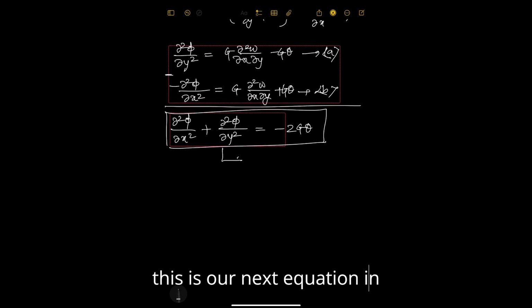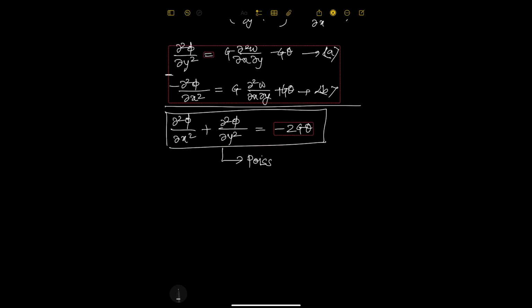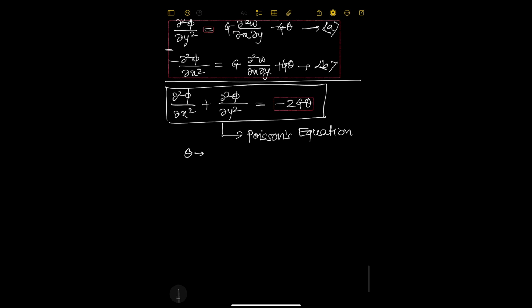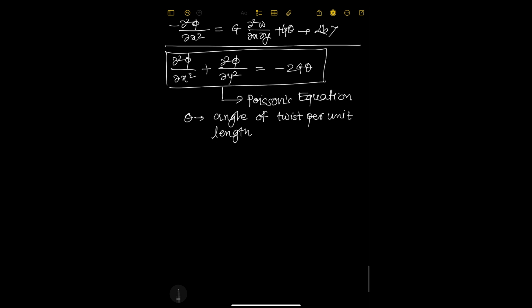This is our next equation in terms of the Prandtl stress function, and it is nothing but Poisson's equation. Theta is the angle of twist per unit length. G is the shear modulus.